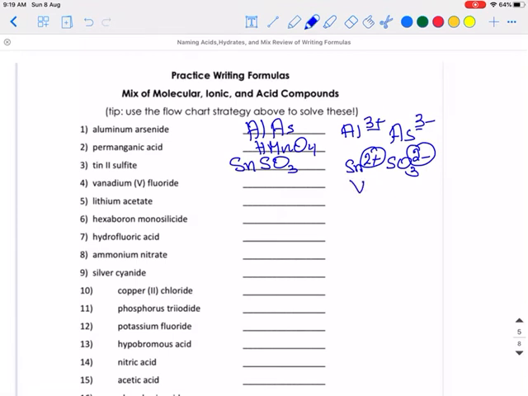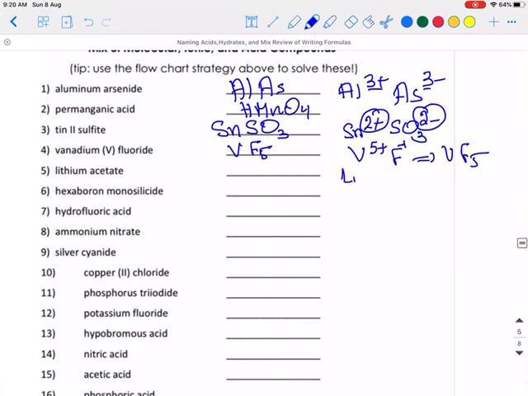Vanadium(V) fluoride, vanadium 5 means 5 plus, fluoride group 7, so -1, crisscross, it will be VF5. Lithium acetate, lithium group 1 plus, acetate is a polyatomic ion, C2H3O2 minus, same charge, so ratio 1:1, lithium acetate. Hexaboron monosilicide, this is a molecule because we see the prefixes hexa and mono.